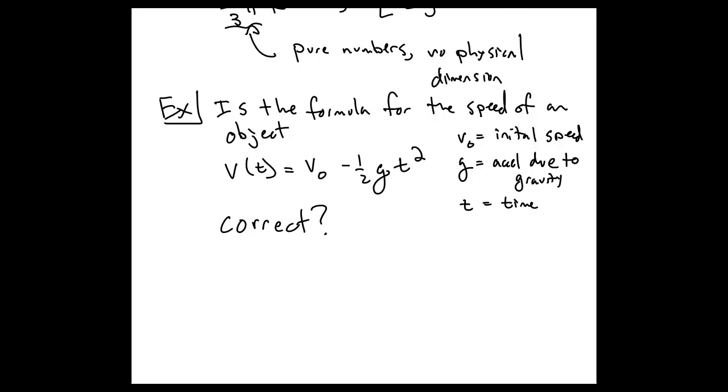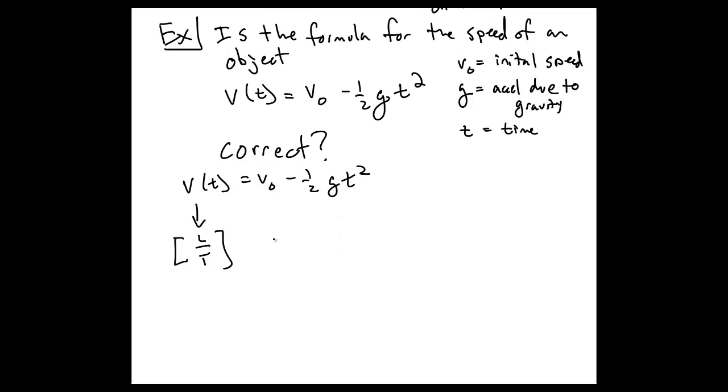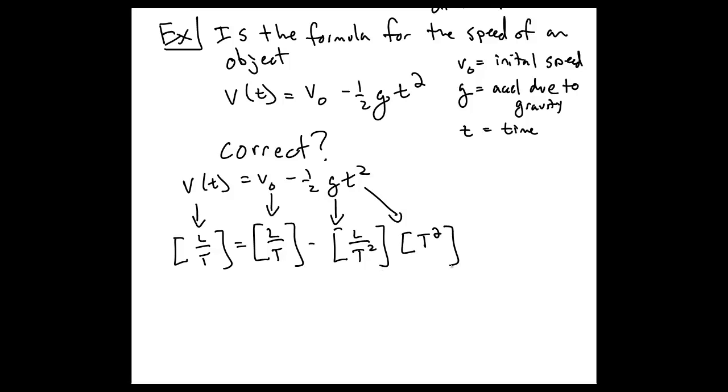Well, we can use units to analyze this, so let's rewrite the equation and write each term in terms of its physical dimension. Speed is units of length over time, same for initial speed. Acceleration has units of length per time squared, and time has, of course, units of time, squared.